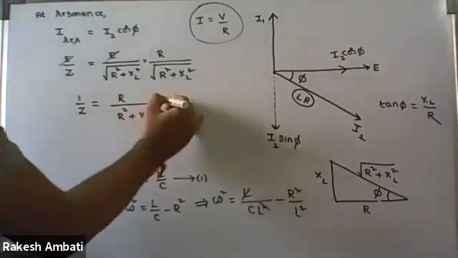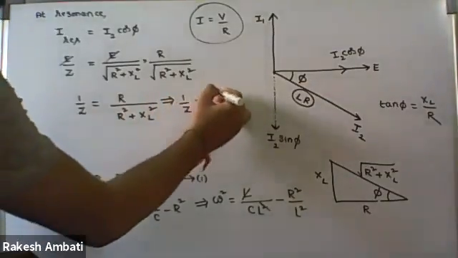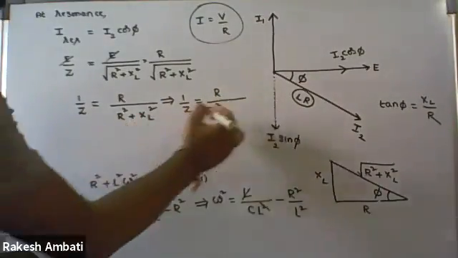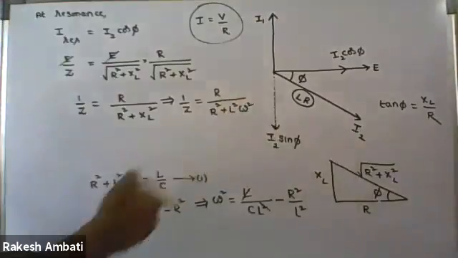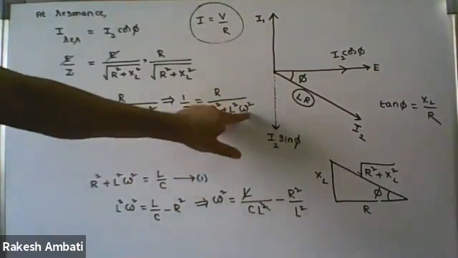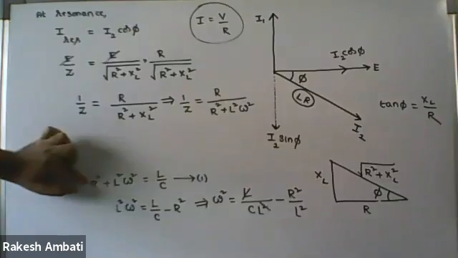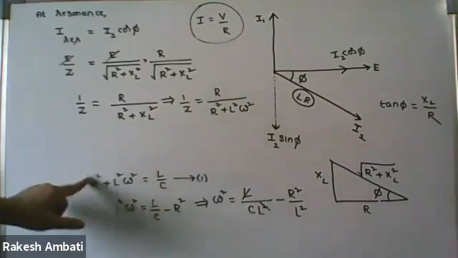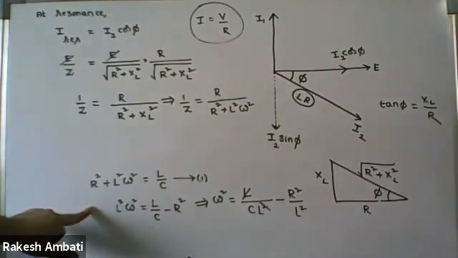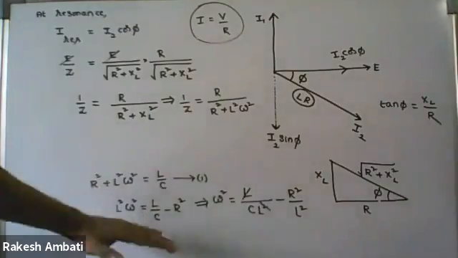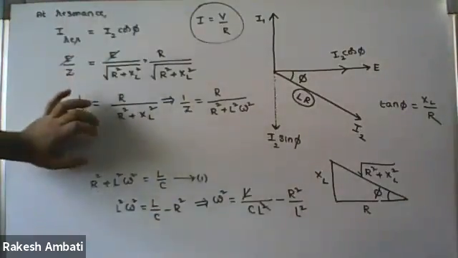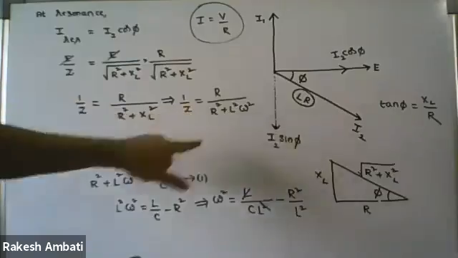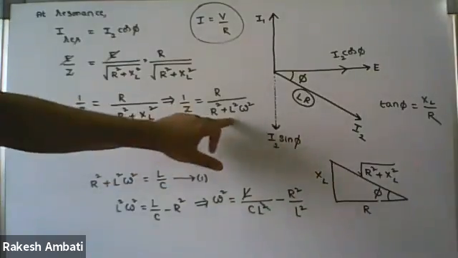That implies 1 upon Z equals R upon R square plus L square omega square, since XL is L omega. In place of R square plus L square omega square, from the first equation, we can replace with L upon C. Why? Because these equations were done at a resonance condition, and the previous procedure was also at a resonance condition. You do the replacement and find the Z value.